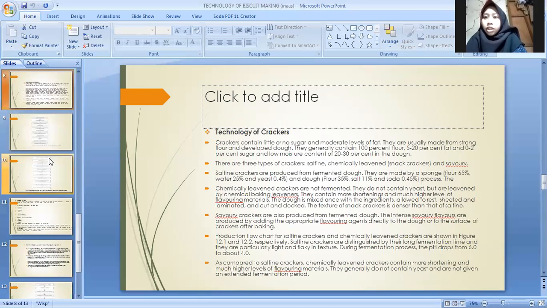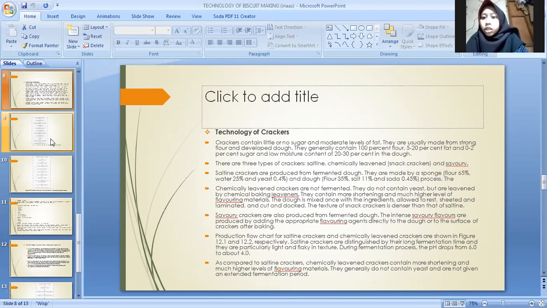Technology of crackers. Crackers contain little or no sugar and a moderate level of fat. There are three types of crackers. Saltine crackers are produced from fermented dough. Chemically leavened crackers are not fermented. Savory crackers are also produced from fermented dough.